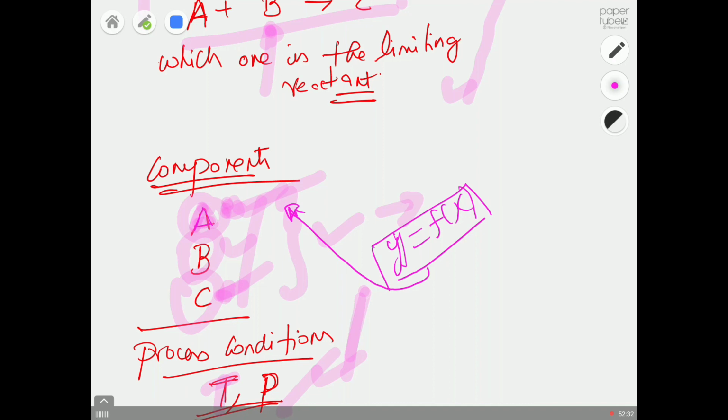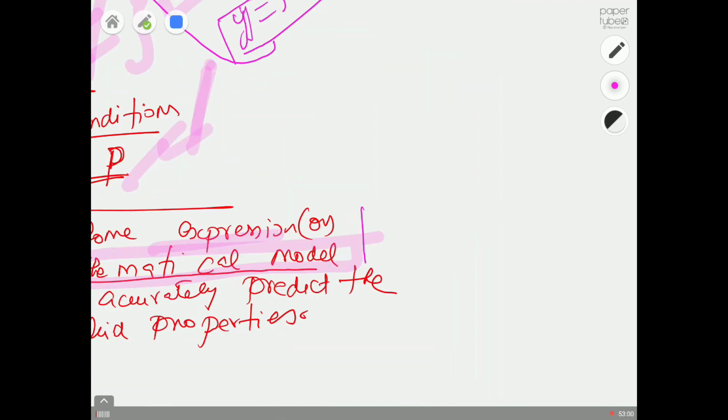If I change the temperature to cryogenic temperature, it should tell me that at this particular temperature the component will become liquid, and at that particular temperature this component will start to boil. So you need some mathematical model that accurately predicts the fluid properties, for example its boiling point, freezing point, and so on. So these are the things that we also need, a suitable mathematical model, but don't get scared of this.